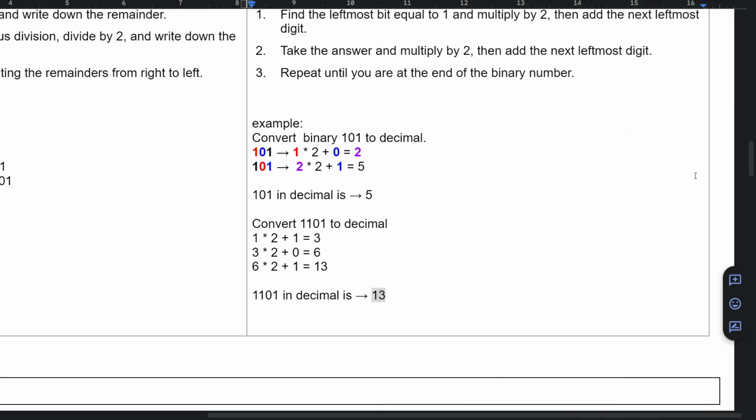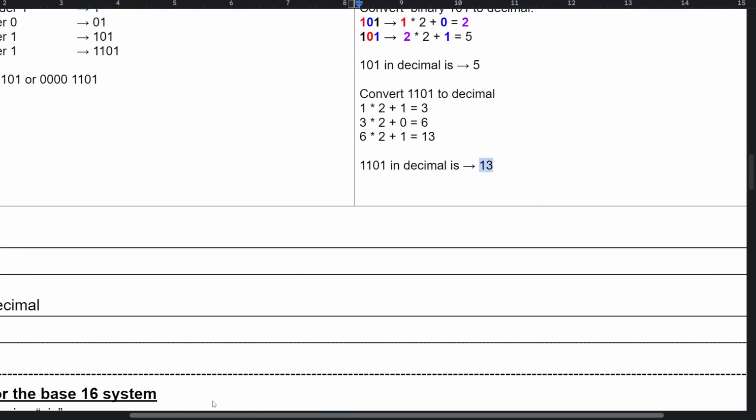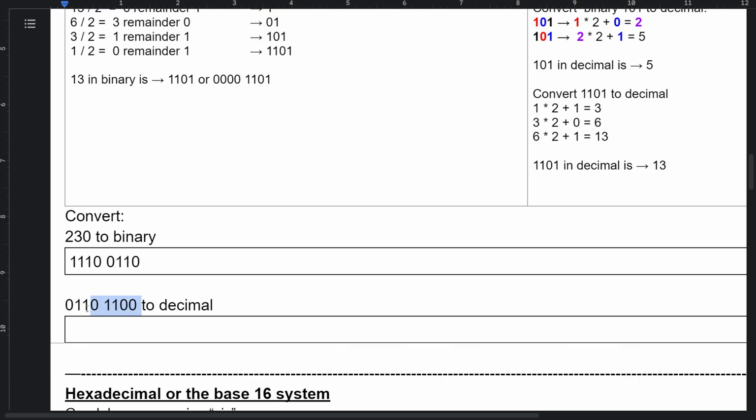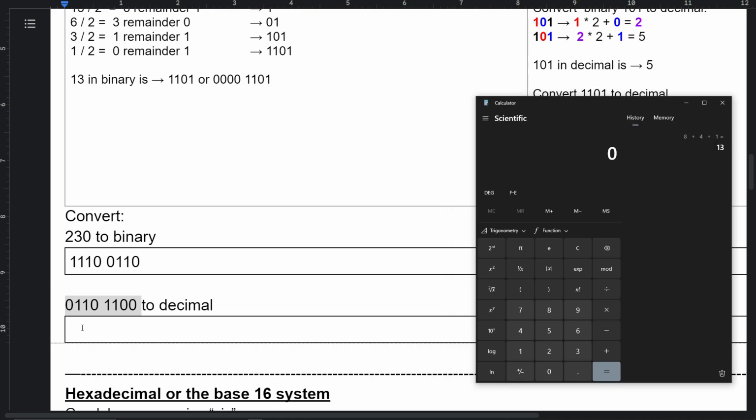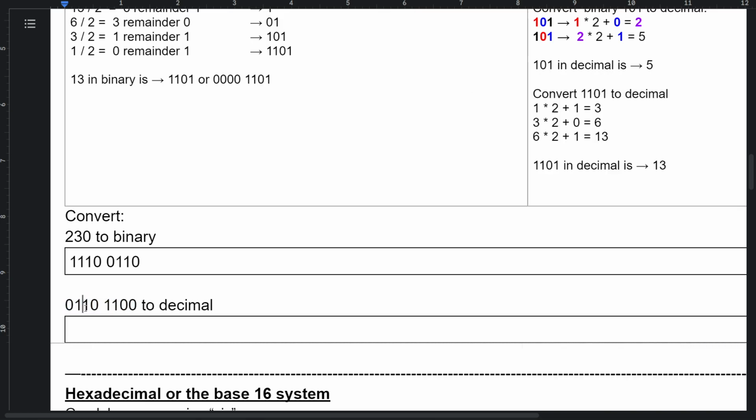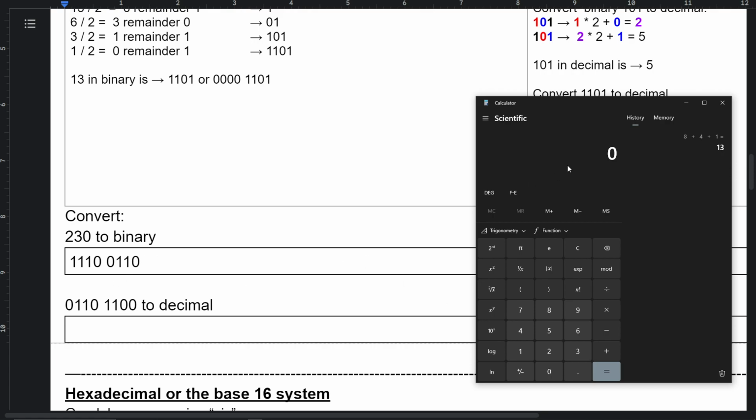Okay. So let's take a look at maybe a little harder example here. We're going to do this number here, and we're going to convert it to decimal. So bring this over here just in case we need it. All right, so we've got our leftmost 1, and we're going to multiply it by 2. So 1 times 2, our next digit is this one right here, so we're going to add 1.